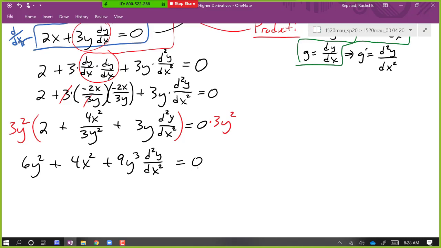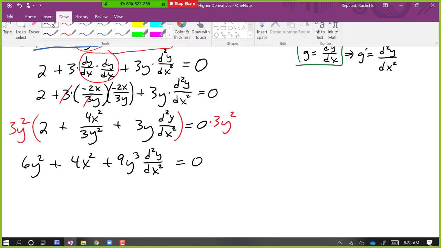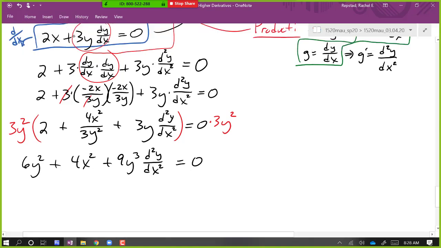Now we can subtract the 4x squared and 6y squared from both sides. Right now it's algebra. This equation is essentially linear in the second derivative. The techniques we use to solve this for the second derivative are the same techniques we use to solve linear equations.